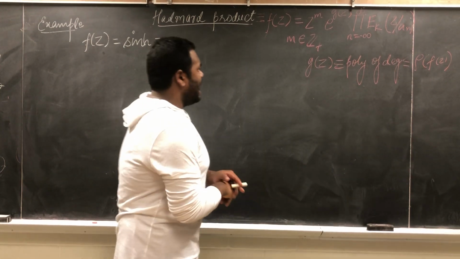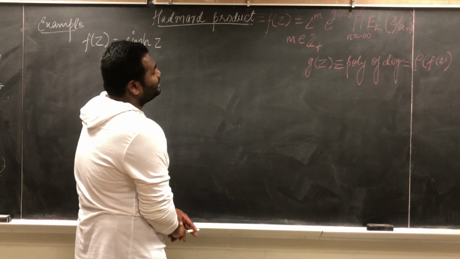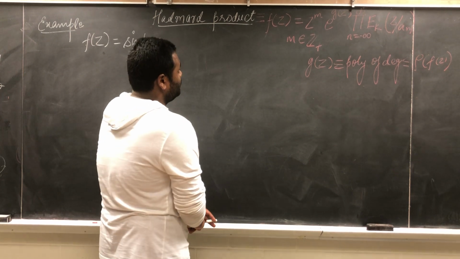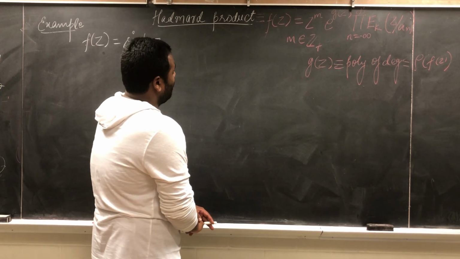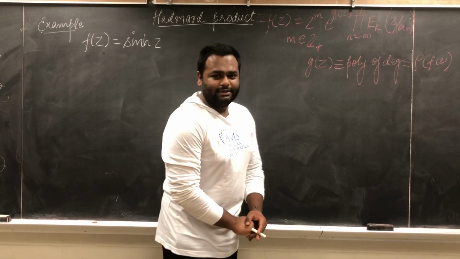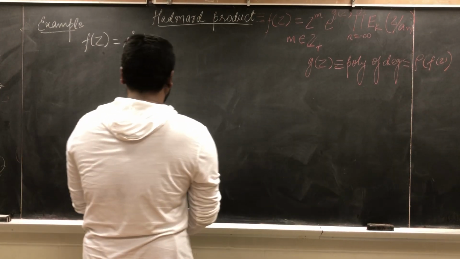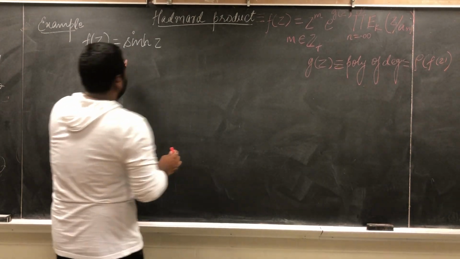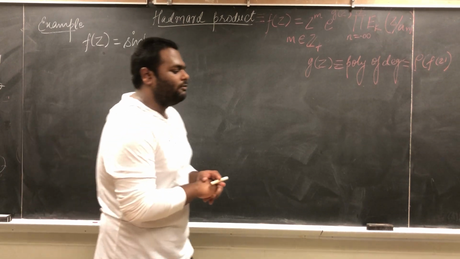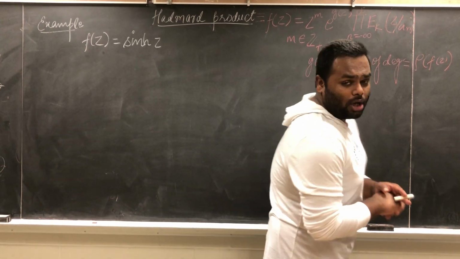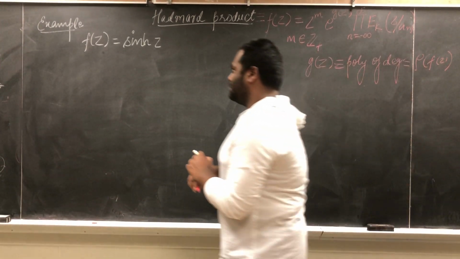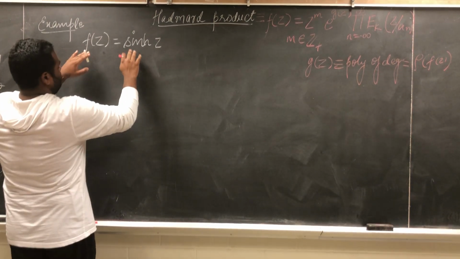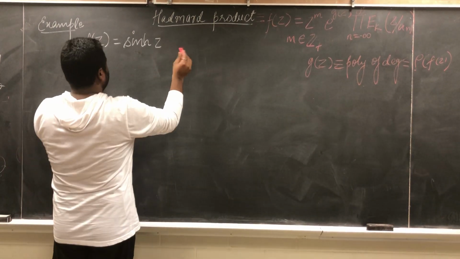Okay, I know these things are a little tough, but once you get habituated to this, it's not that difficult. So if we have an entire function, the first step is to find out the order of that entire function. The order of sine hyperbolic z is actually 1.